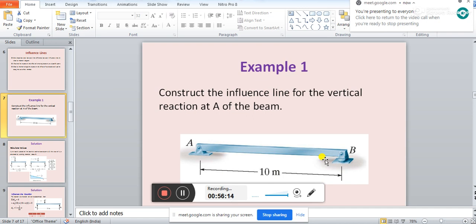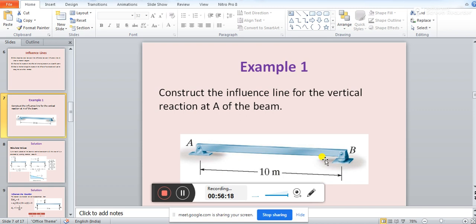You will have to move a load of unit magnitude, that means a load of value 1 without any unit, a dimensionless number. You will have to move it over the beam, and for every position you need to find out.